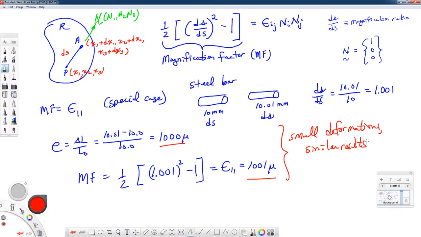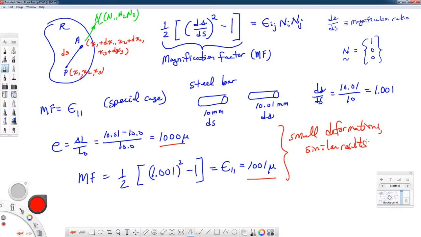Well, obviously the important thing to note is that what we use and how we interpret it will depend very much on whether we have small deformations or finite deformation, continuum mechanics, or finite deformation elasticity. Those large deformations will make a big difference in how the strain is interpreted. All right, let's keep going with this just a little bit.